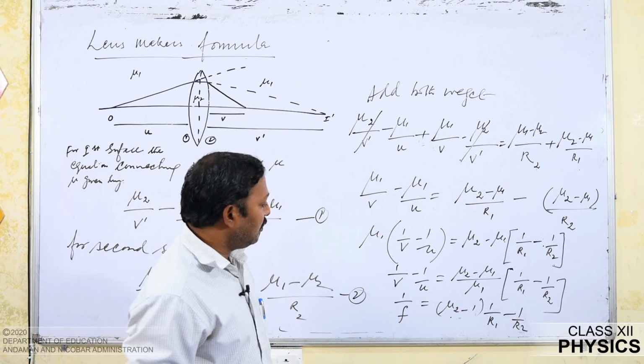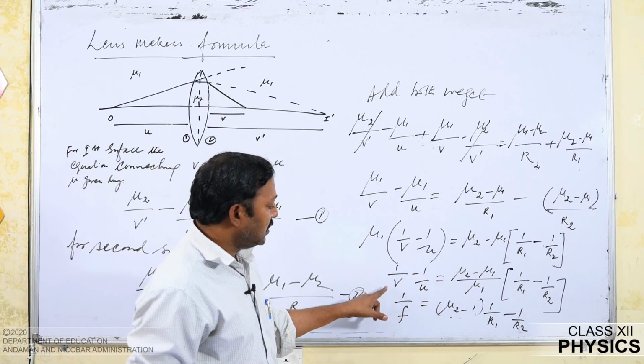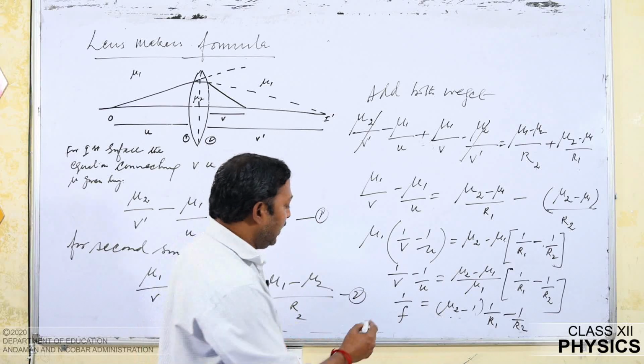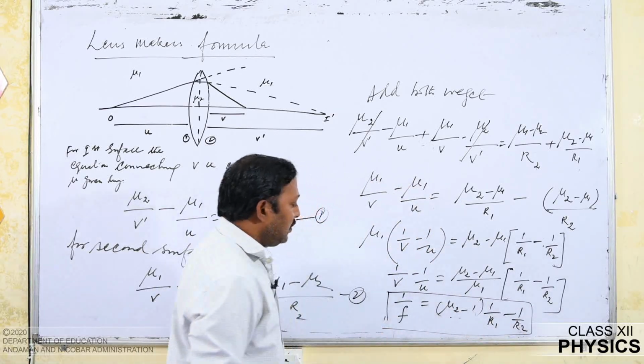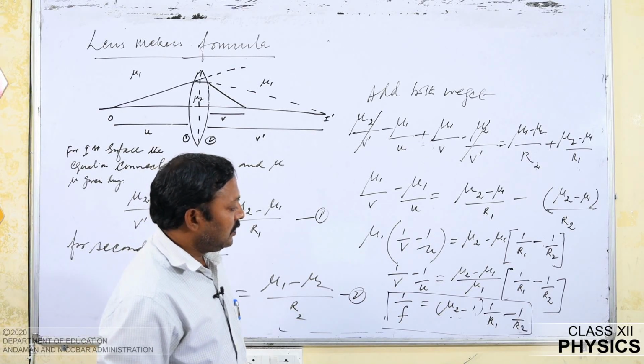Now from the thin lens formula, we know that 1 by v minus 1 by u is equal to 1 by f. So in place of 1 by v minus 1 by u, we can replace it with 1 by f. So the final expression for this is 1 by f is equal to mu 2 minus 1 times the bracket 1 by R1 minus 1 by R2.